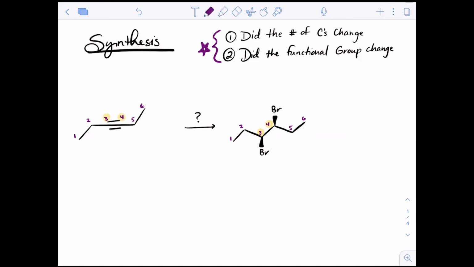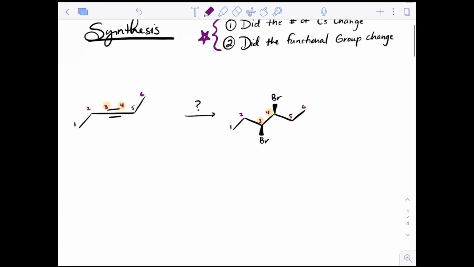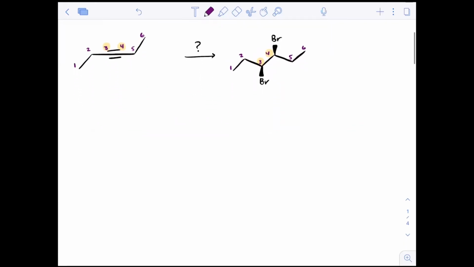It was a carbon-carbon triple bond, and now it is a vicinal dihalide where the 2 bromines are next to each other. Now, we don't really know how to add bromine syn addition, but we do know how to add them anti-addition. So the first thing that I want to be able to do here is think about rotating around this bond. Let's just rotate to view this molecule, this product, in a different way.